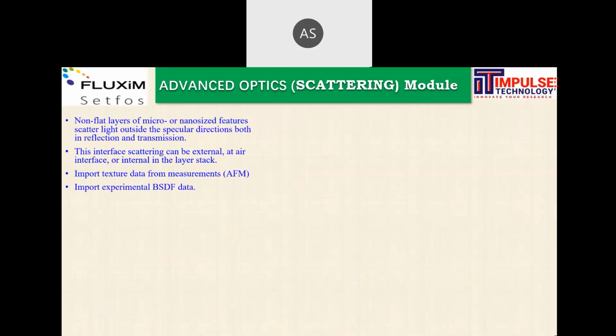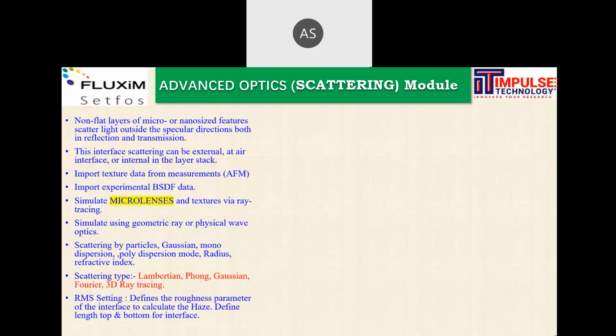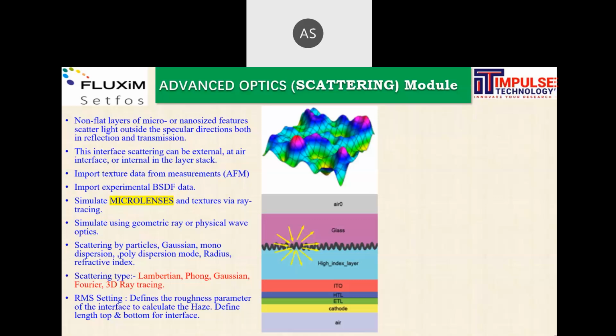Here you can set non-flat layers with micro-size and nano-size features. A textured surface interface you can include and import data from AFM, experimental BRDF, microlens, texturing, ray tracing, geometric or physical matrix, particle, Gaussian, monodispersion, polydispersion, refractive index, and scattering by Lambertian, Phong, Gaussian, Fourier, and define the roughness parameter, interface roughness parameters, and top and bottom diffusion length. Like this is a textured surface. You can include this textured surface here.